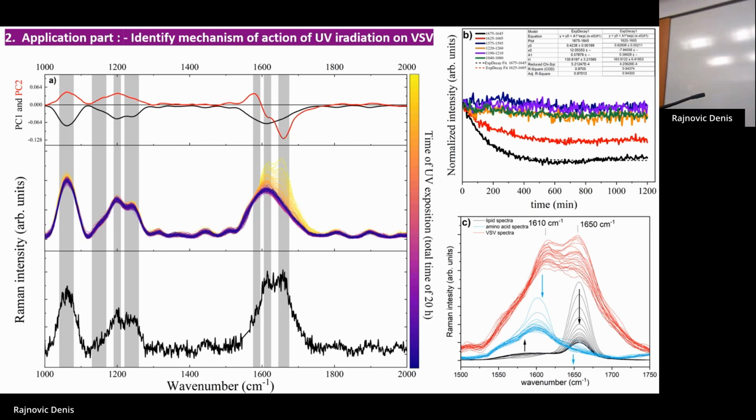There's a rapid decrease of the lipid component, and also a decrease of the amino acid part. So this is a mutual contribution of lipid and amino acid decrease, while at 1610 we have a decrease in the amino acid band, but an increase in the lipid photodegradation band, which probably compensates the speed of this reduction, which we see in the peak kinetic graph.